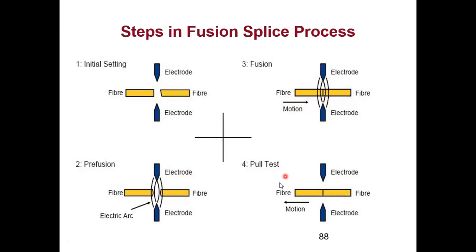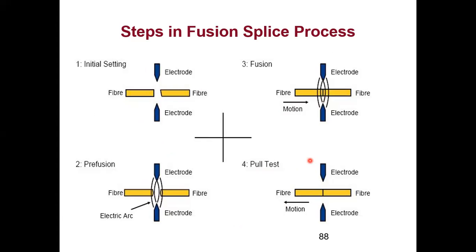Now once this is done, the fourth step is the pull test. So again I'll pull the fiber a little bit outside. Okay, so this is all done by the machine, the fusion splicing machine. I have to just give the start button. So alignment will be there, prefusion will be there, fusion will be there, pull test will be there. And after the pull test, they will display the result, so and so splice loss.